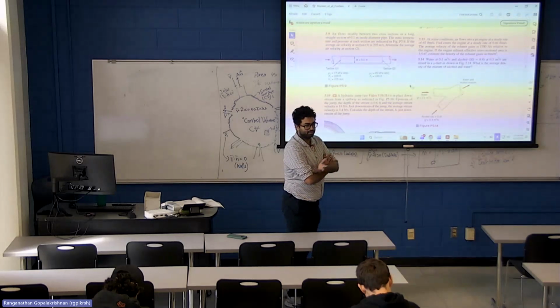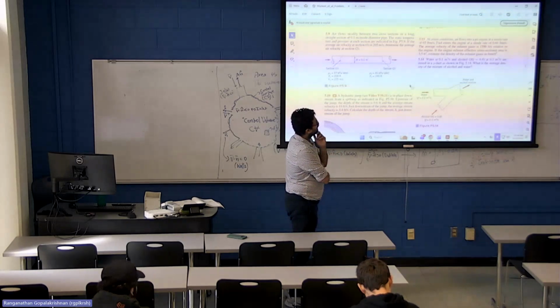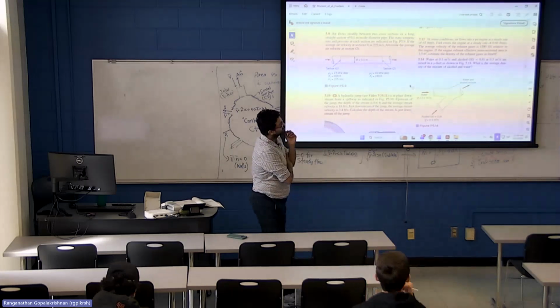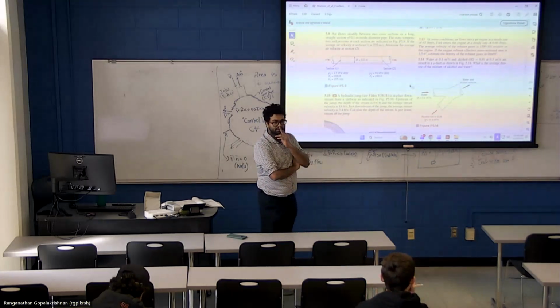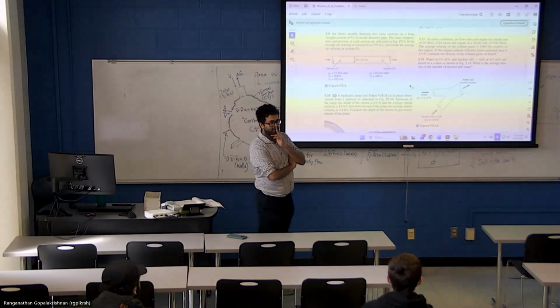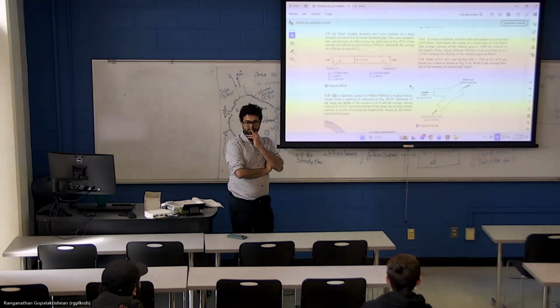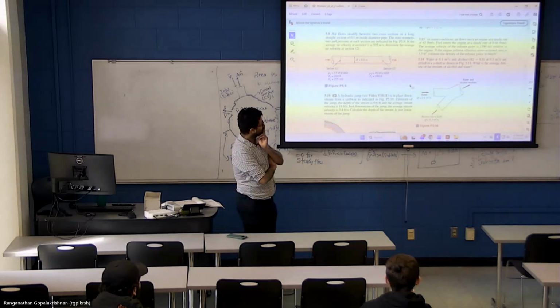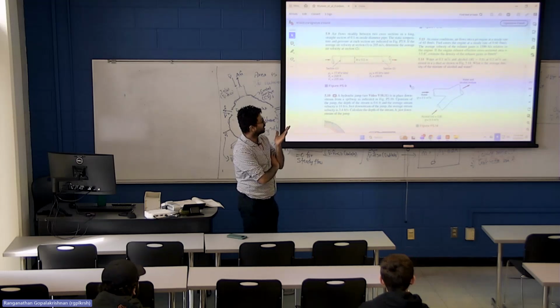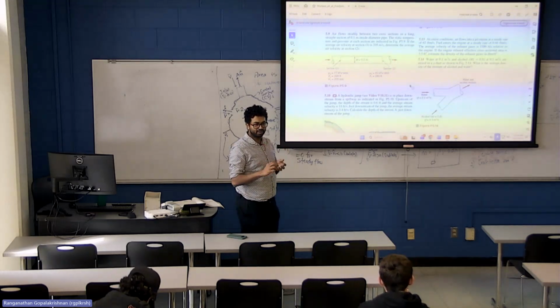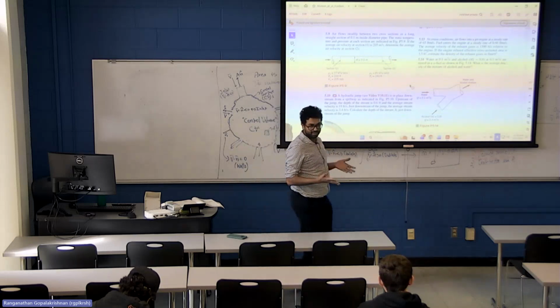Are we given anything about this flow being steady or unsteady? We're not told anything. It's a mixing duct where two streams mix and come out as a single stream. So we'll assume it's steady.